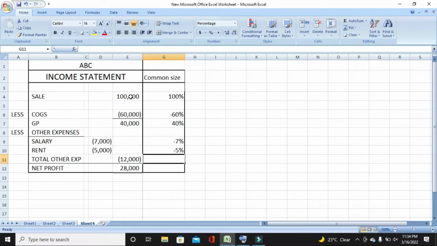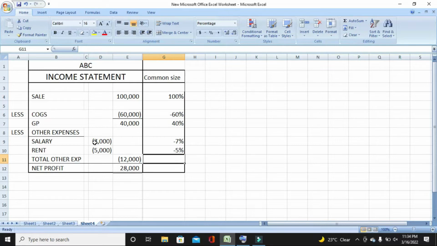So the common size income statement lets us know where we have consumed the sales, the asset which we have generated. The sales is the generated asset, and these expenses are the consumed asset.